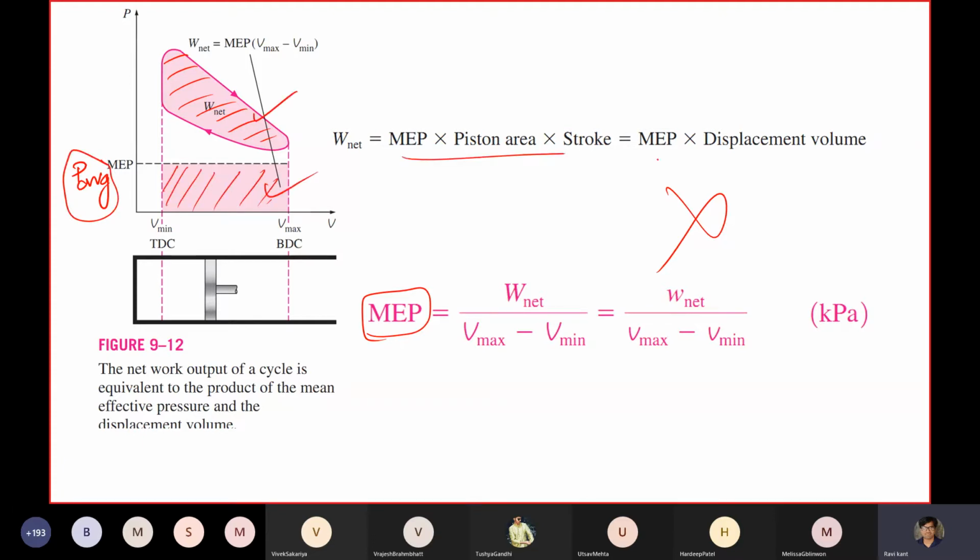While doing so, we have a formula: MEP times piston area times stroke, and MEP times displacement volume, which allows me to actually study things.